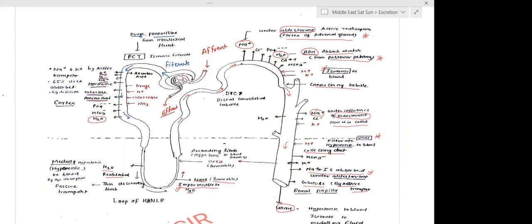Next is tubular reabsorption. Put the heading tubular reabsorption.